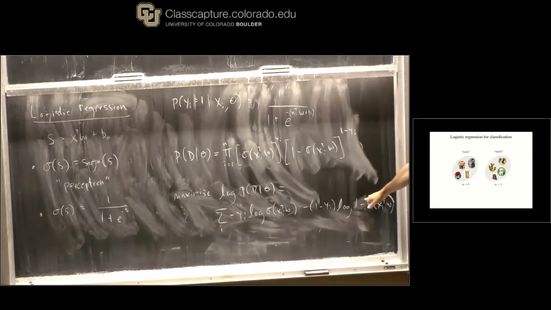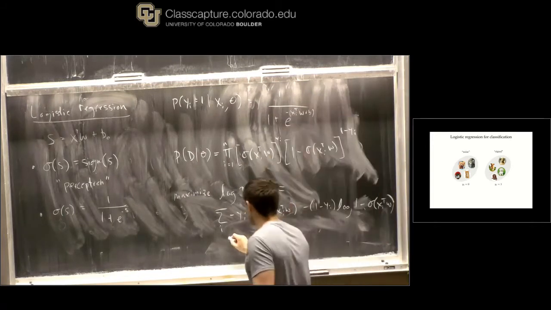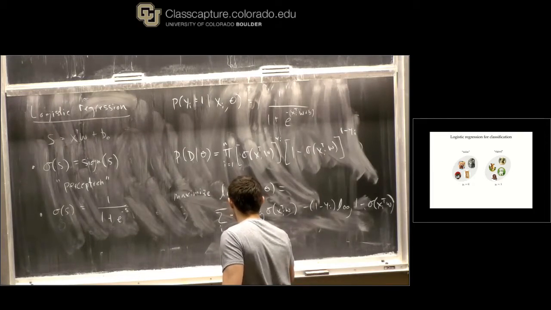And this quantity is called the cross entropy, and we're going to come back to this next time.